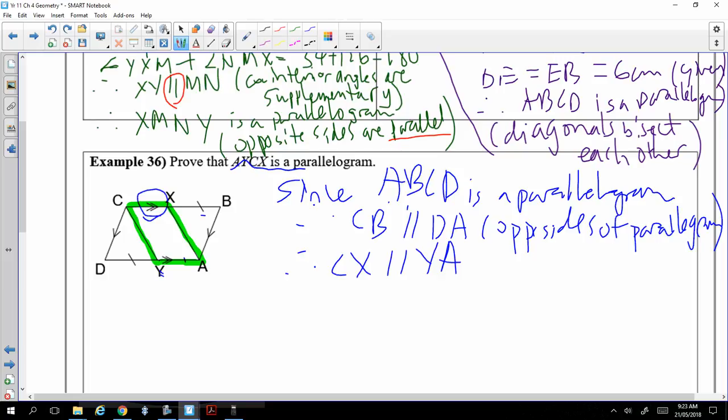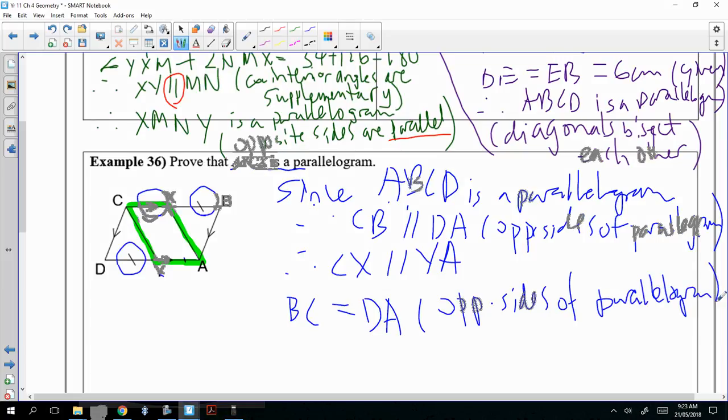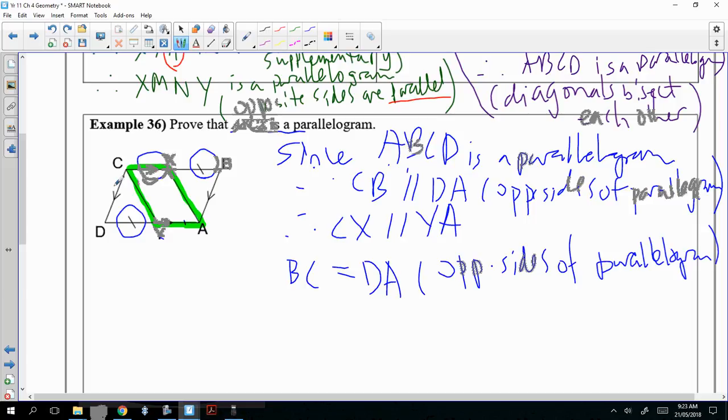Okay, so the two long sides are equal, but we're also given these two shorter sides are equal. XB is equal to DY, given. So if you subtract them, BC minus XB is the same as DA minus DY, subtracting equation 1 by equation 2.